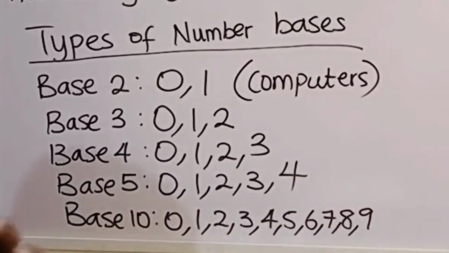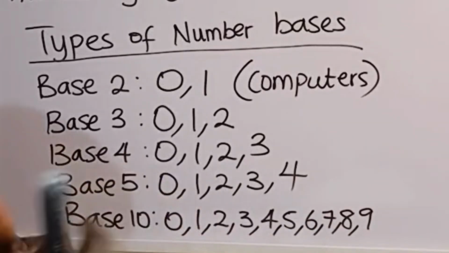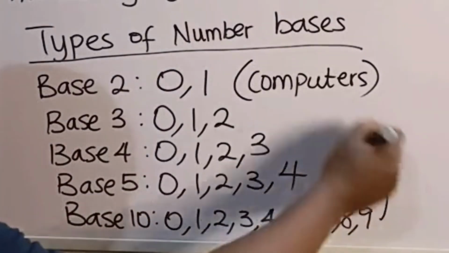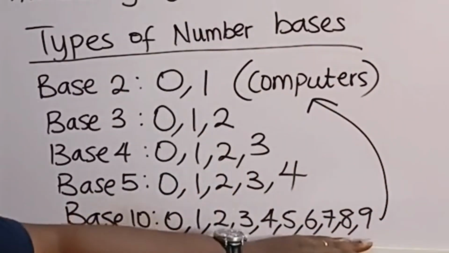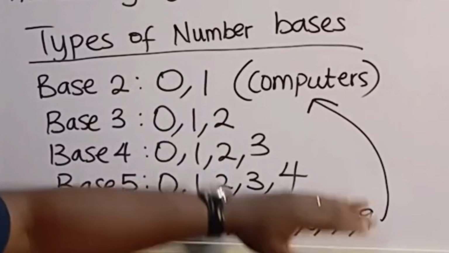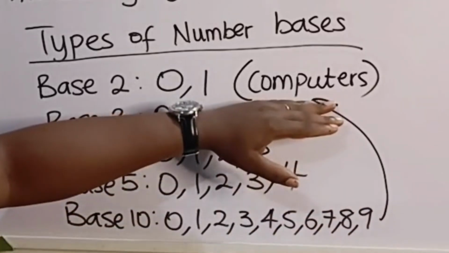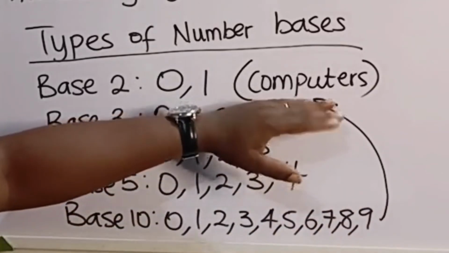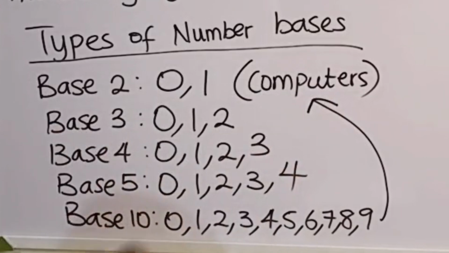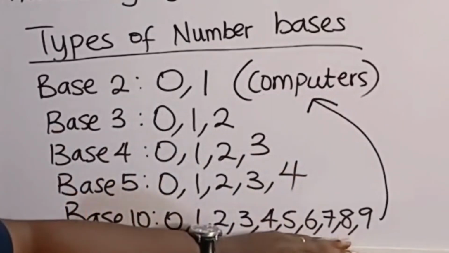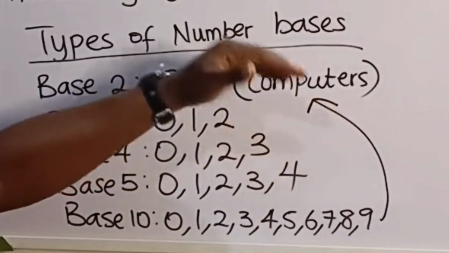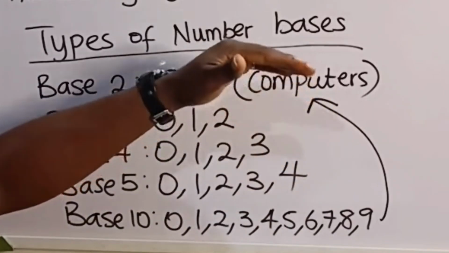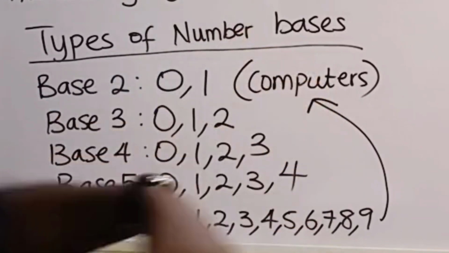So whenever you are using your calculator, there is a conversion between base 10 and base 2. You as the human being are using base 10. The calculator is working on base 2. So whenever you type a particular number, before the calculator works on it, it has to convert it from base 10 to base 2. Then the calculator will solve the question and convert it to base 10 for you to see the final answer.